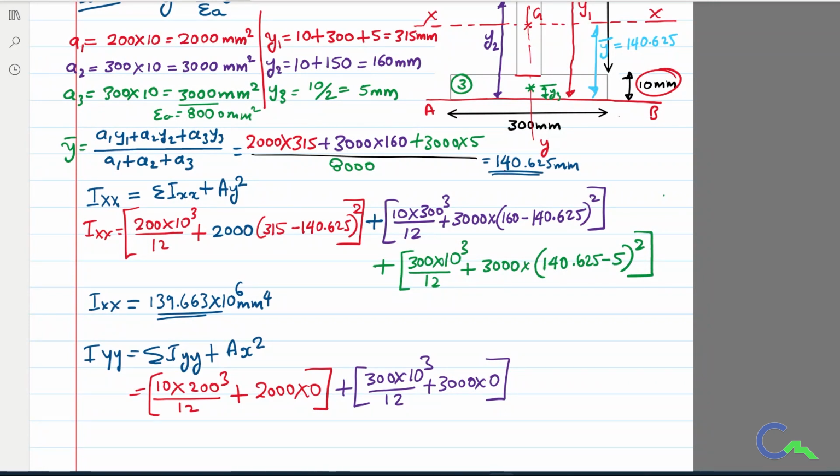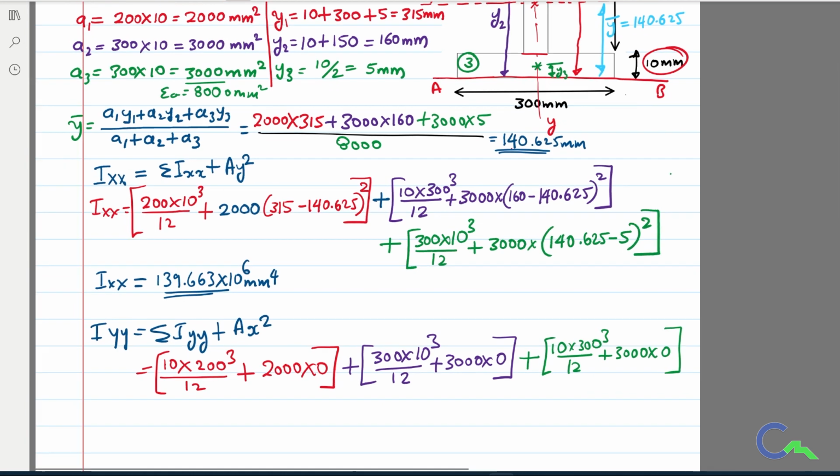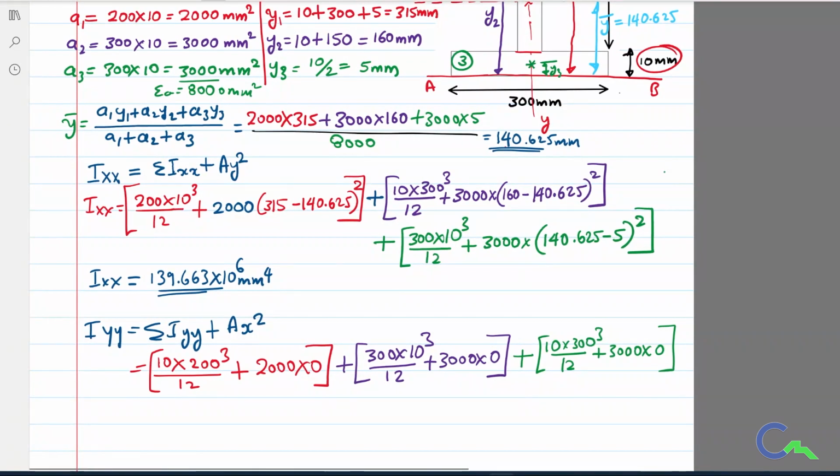So therefore, if you come to the third figure, plus again db cube by 12, d is 10 mm, b is 300 mm, cube divided by 12, plus area is 3000 into, again it is coinciding, whatever the centroid of the third figure is coinciding with y reference axis, therefore that will also become 0.